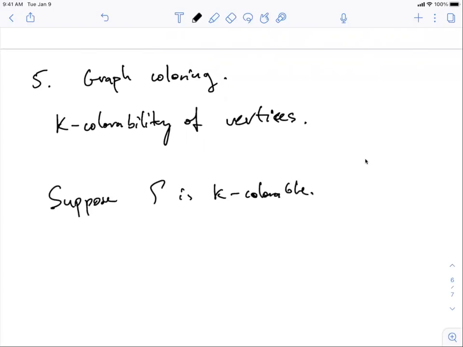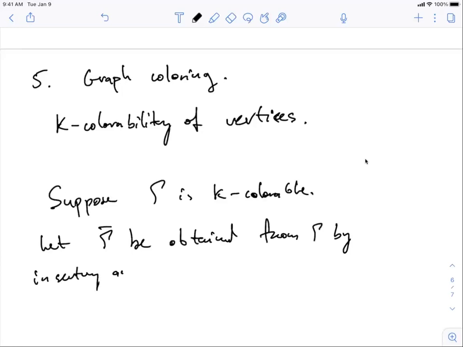Then let gamma bar be obtained from gamma by inserting an edge between vertices of different colors.